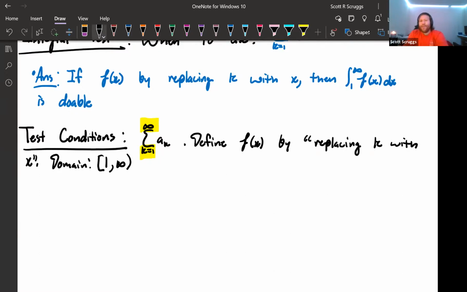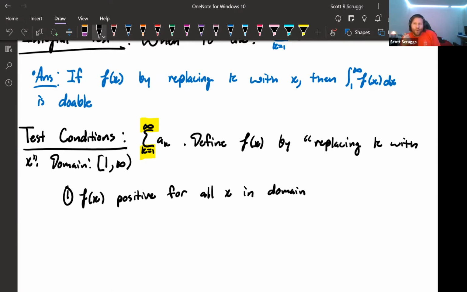And so here are my 3 precursor conditions I needed to show before I can even do the integral test. Condition 1, I need to check if f of x is positive for every possible value for x in my domain.